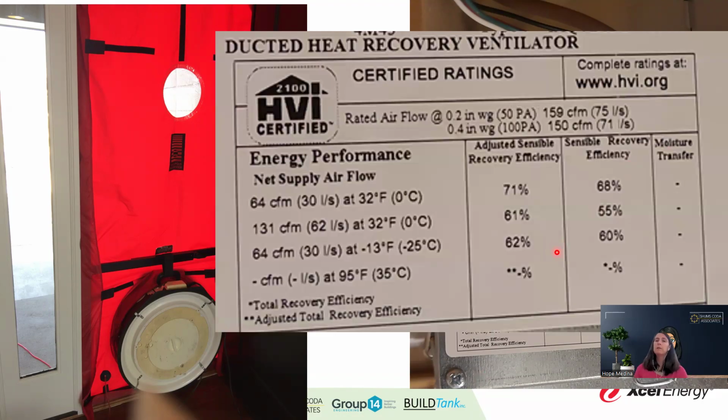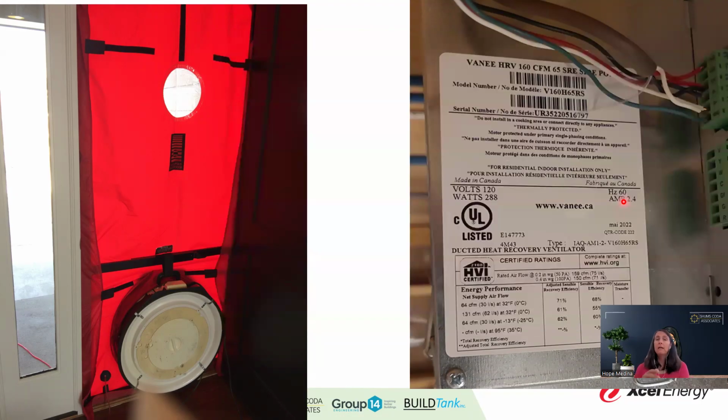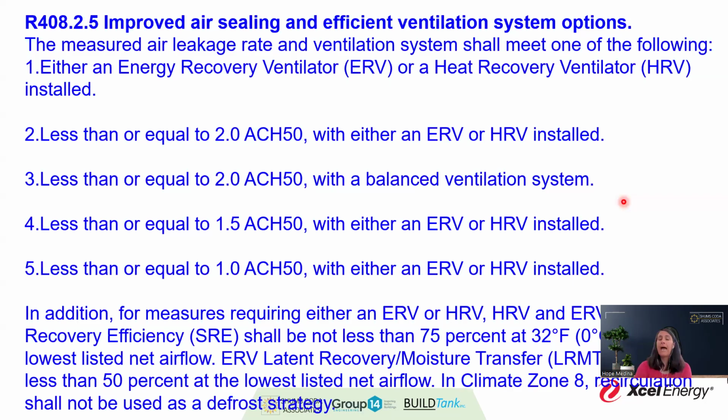So the sensible recovery efficiency at 32 degrees, and they said at its lowest CFM, it says that it's 68%. So this one is not meeting that 75%. So this is something that will have to be paid attention to ensure that we are getting the full aspects of this particular requirement.